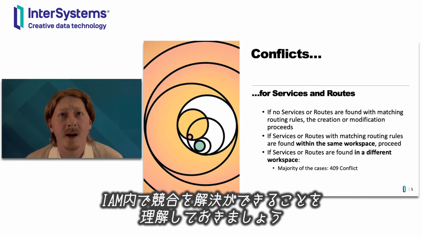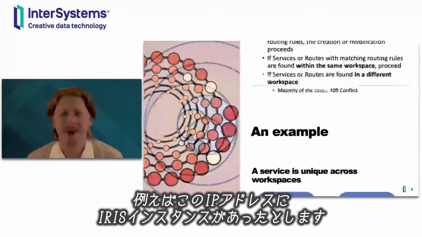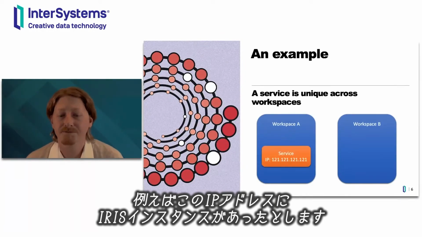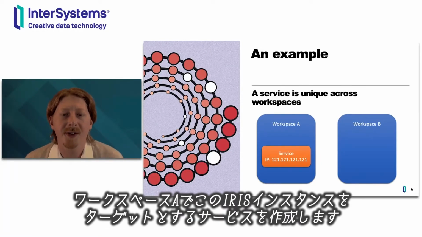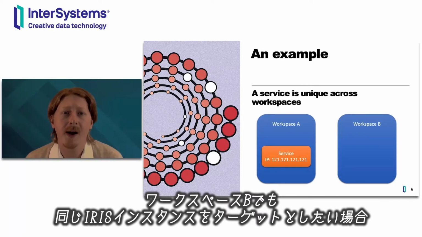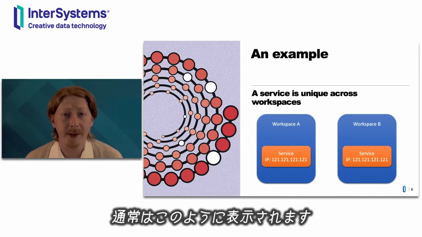That there's some kind of a conflict resolution inside IAM, and we have to understand this in order to be able to really work together across multiple workspaces. Because if I have, let's say, an Iris instance that's sitting at this wonderful IP address, and I'm creating a service targeting this Iris instance in workspace A, and I want to target the same Iris instance in workspace B as well, this is what it usually would look like.